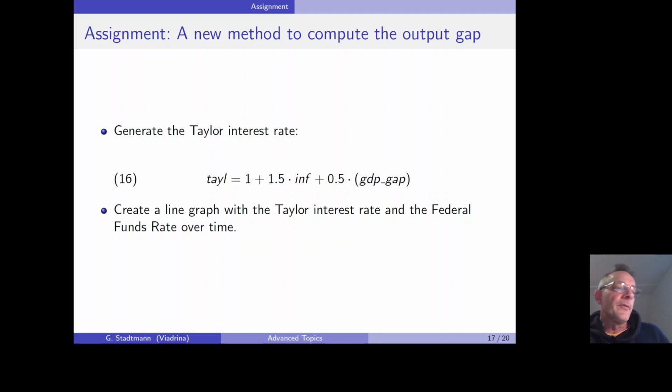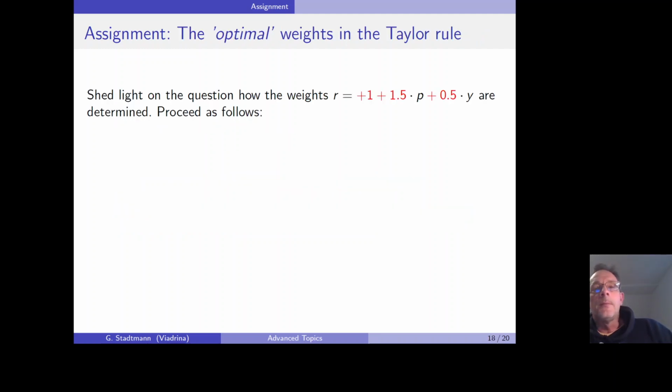In the next step of the analysis, I would like to talk about the optimal weights in the Taylor rule. So I want to shed light on the question how the weights, the positive 1, the positive 1.5, and the positive 0.5, are determined. Here you should proceed as follows.